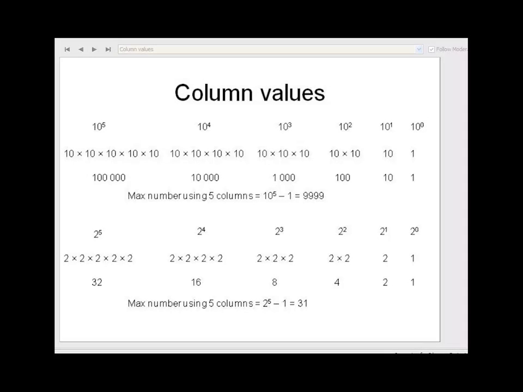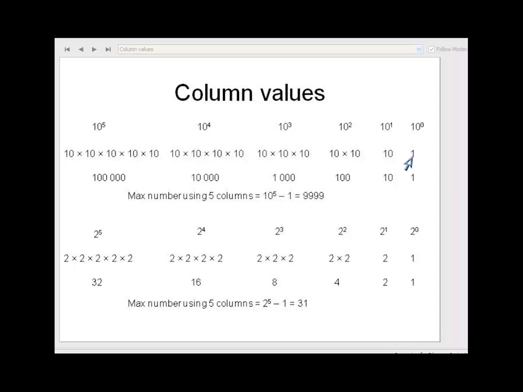When we look at this in numbers, in base 10, it goes units, tens, hundreds, thousands, 10,000s, and 100,000s.